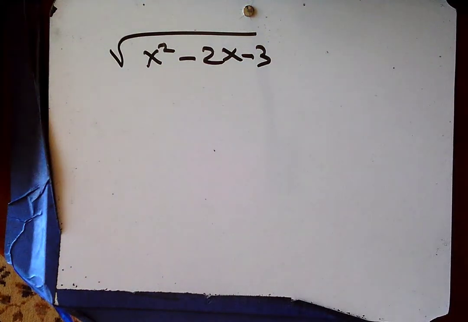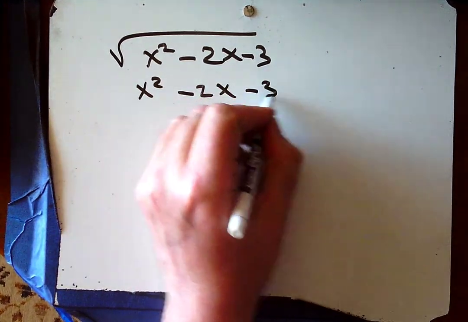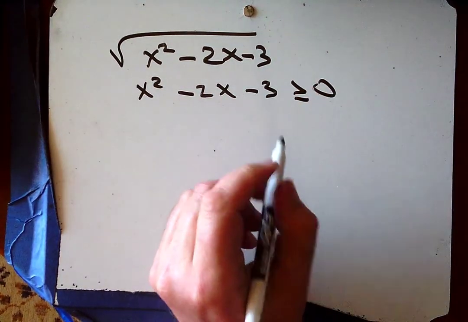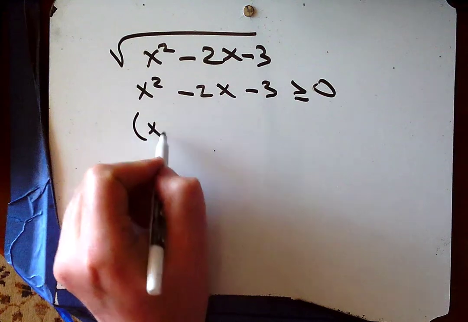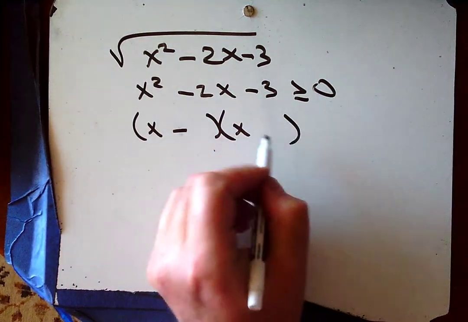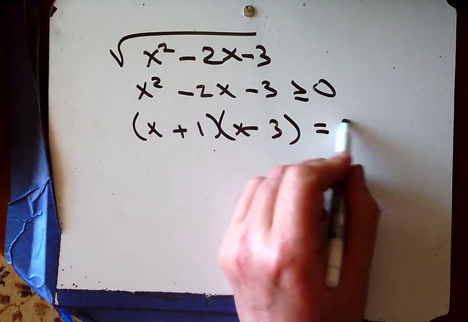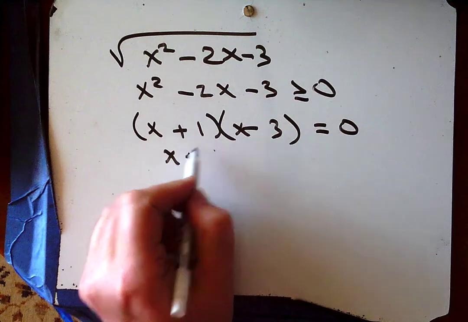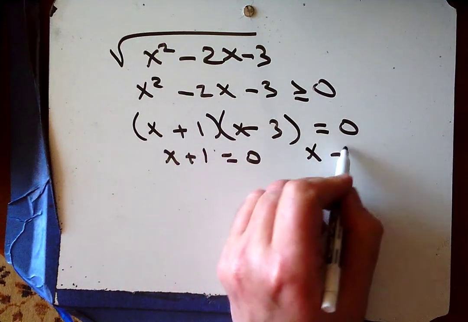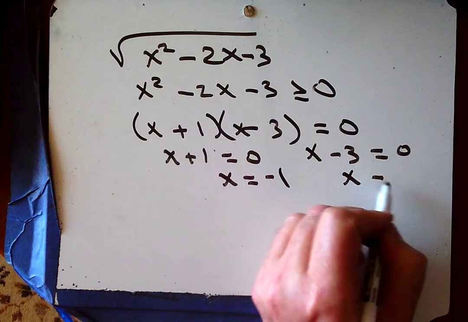Okay, so if I take this stuff and say it has to be greater than or equal to 0, I can factor this trinomial like this, and then I can set each of the factors equal to 0 and get these two critical numbers.